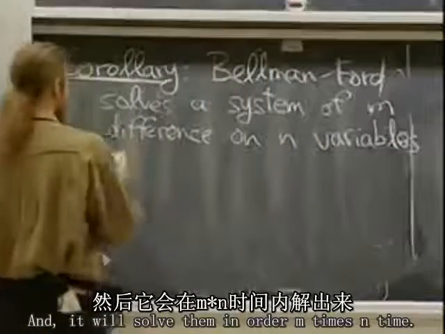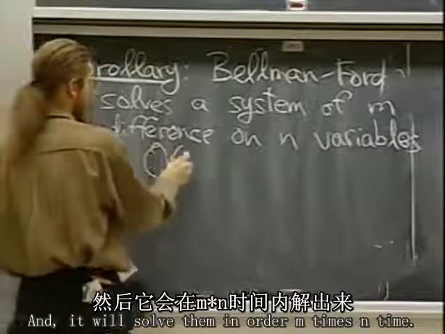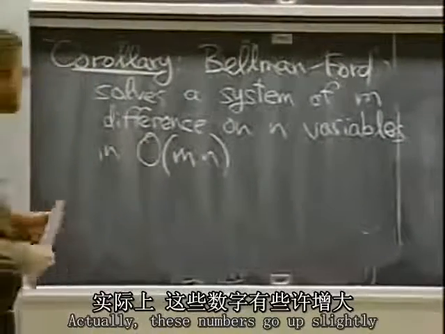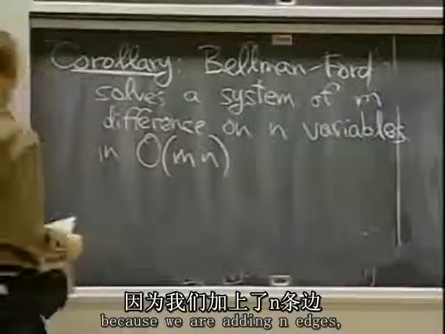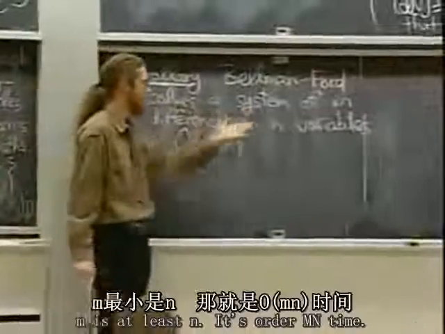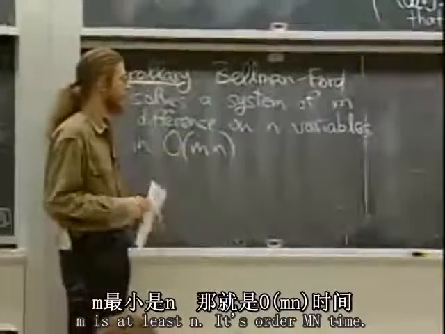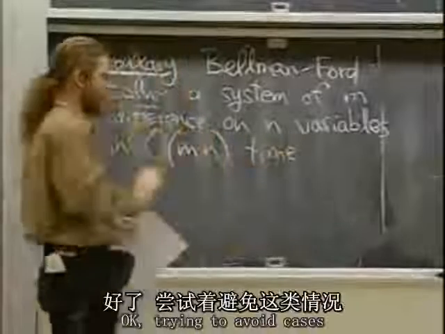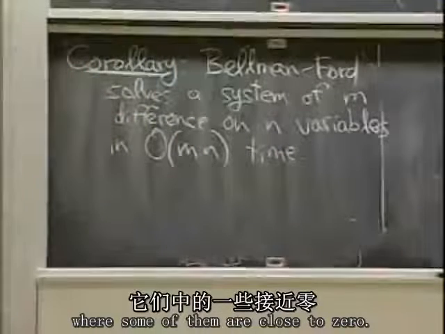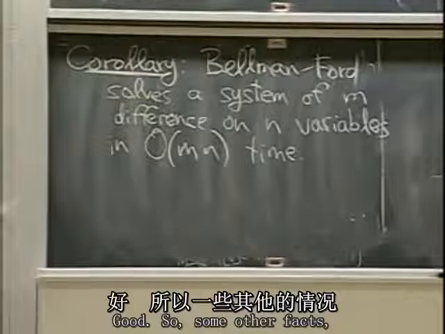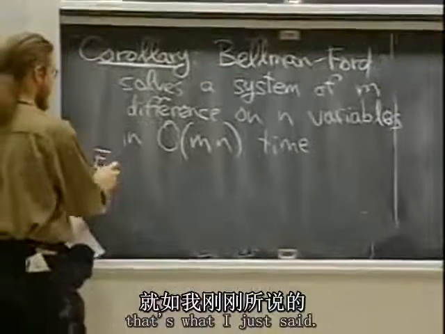And it will solve them in order m times n time. Actually, these numbers go up slightly because we're adding n edges and we're adding one vertex. But assuming all of these numbers are non-trivial, m is at least n. It's order mn time. Okay, trying to avoid cases where some of them are close to 0. Good.